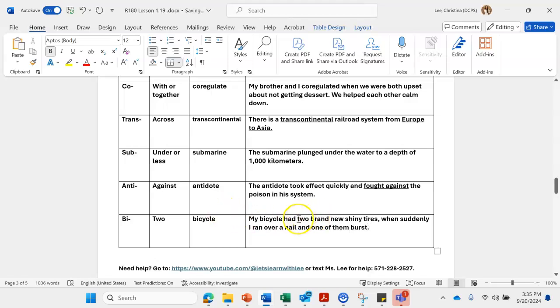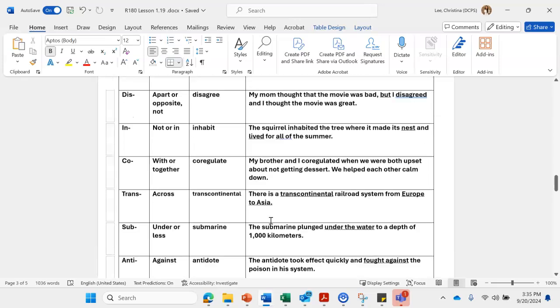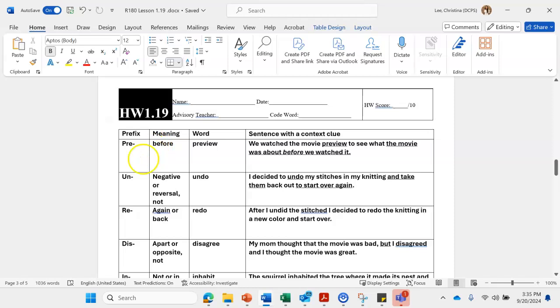Okay, so this 2 shiny new tires gives us an indication that a bicycle has 2 wheels as opposed to a tricycle has 3.